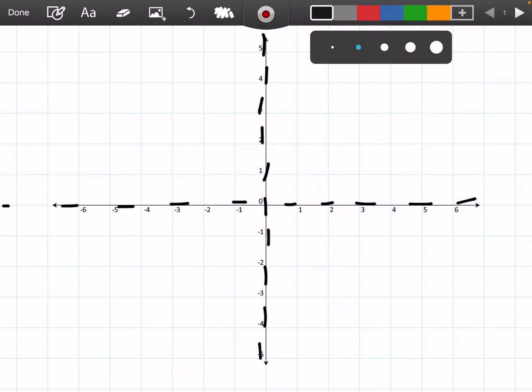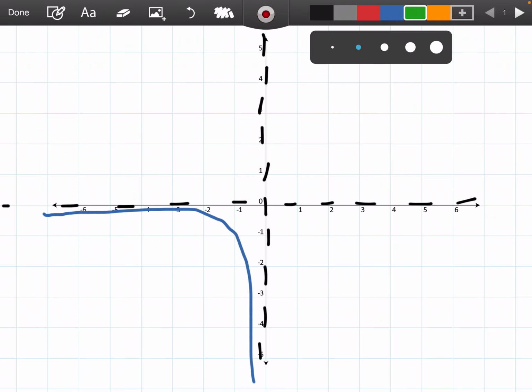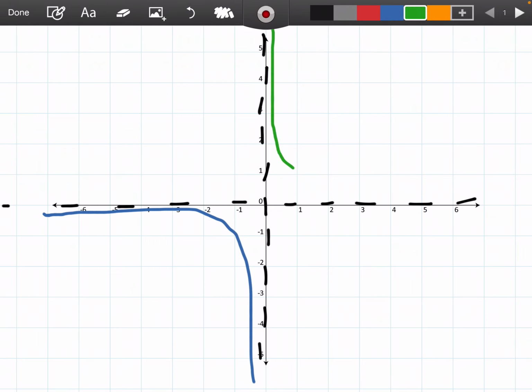And our base rational function will have two curves. Let me change the color to blue. So there will be a curve right here at the bottom left, and there will be one at the top right. So that is 1 over x, essentially.